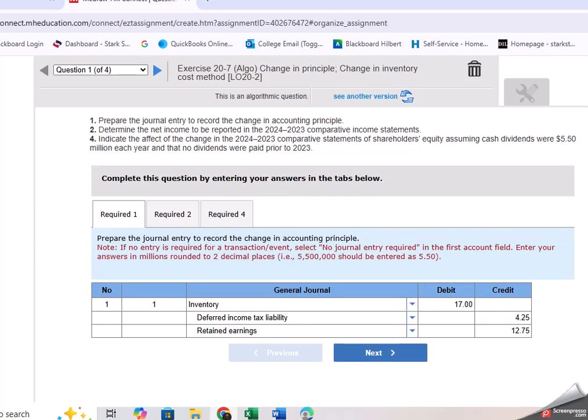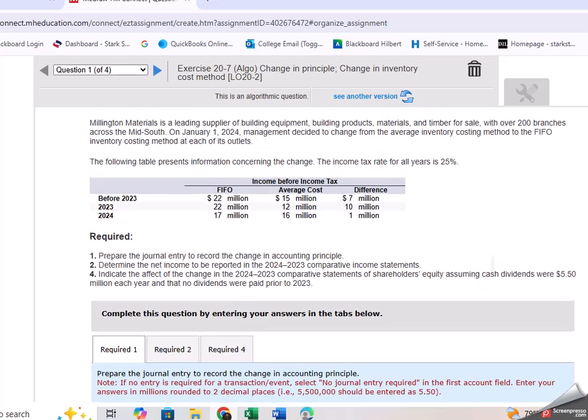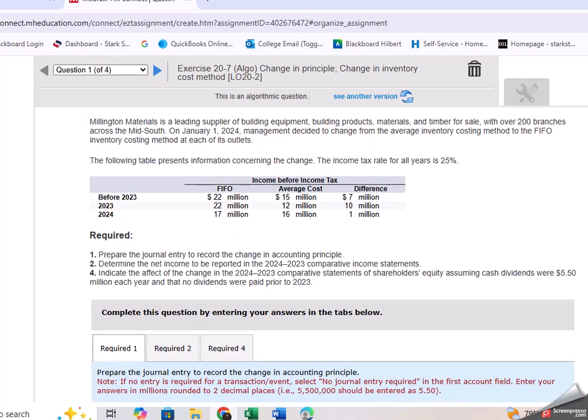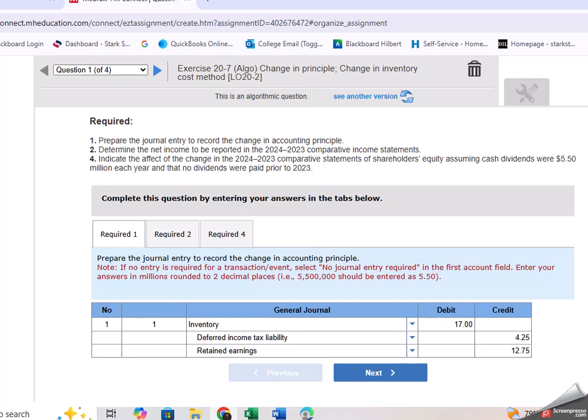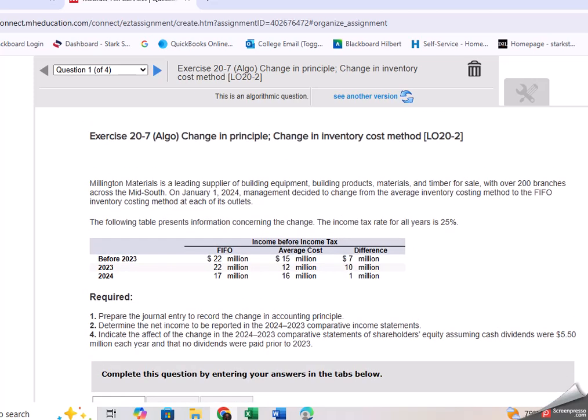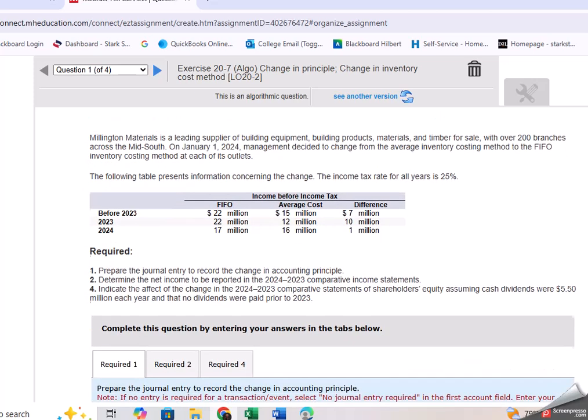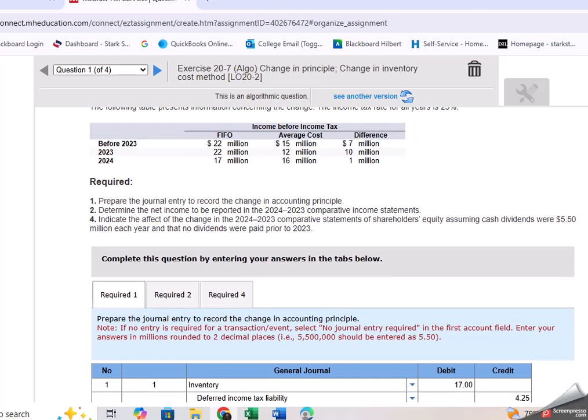So then on January 1st of 2024, we would want to do a journal entry to adjust our inventory balance by that 17 million. And then if you take the 17 million times the 25%, that is the 4.25 million that we would have a deferred tax liability for, because again, we're changing our methods both for financial statement purposes and for tax purposes.